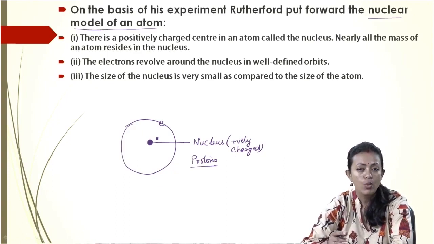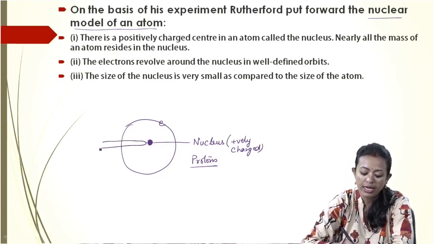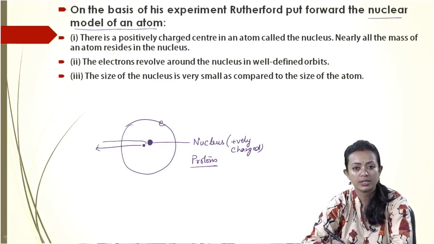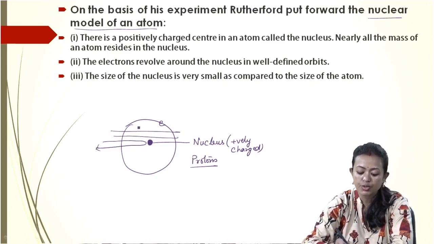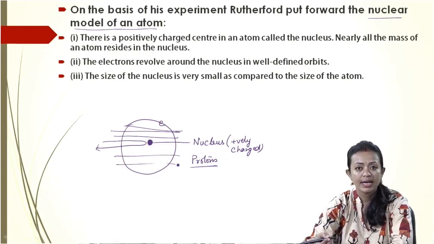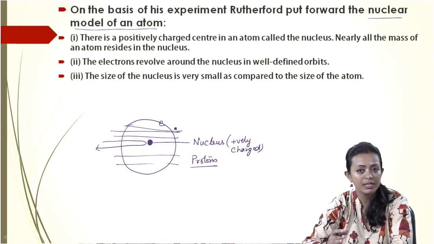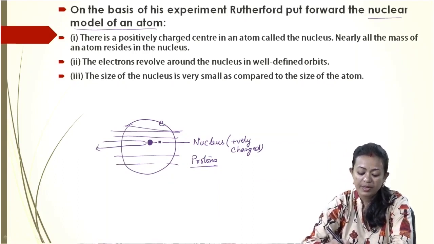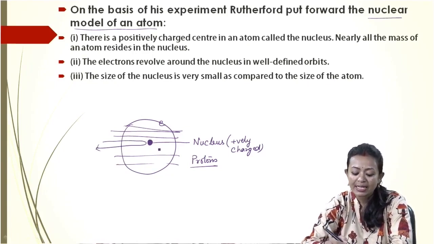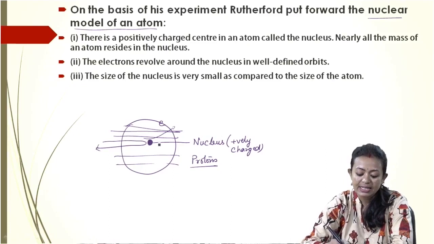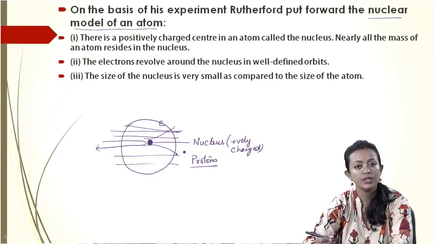particles bombarded, only one got deflected by 180 degrees because it had a head-on collision with the nucleus, whereas most of the particles passed through because it is empty, and electrons allowed the positively charged alpha particles to pass through it, whereas some of them showed slight deflection only when they slightly touched the surface of the nucleus.